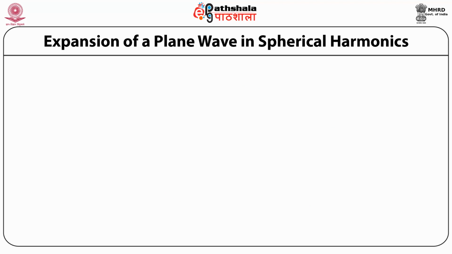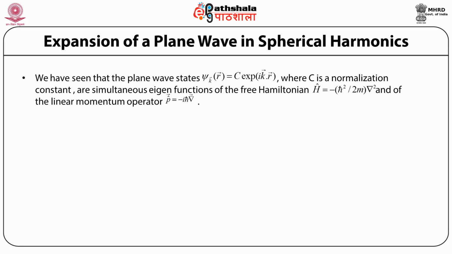Expansion of a plane wave in spherical harmonics. We have seen that the plane wave states, psi_k(r vector) equals c into exponential i k vector dot r vector, where c is a normalization constant. These plane wave states are simultaneous eigenfunctions of the free Hamiltonian, given by H equals minus h bar square by 2m into del square, and of the linear momentum operator p equals minus i h bar del.